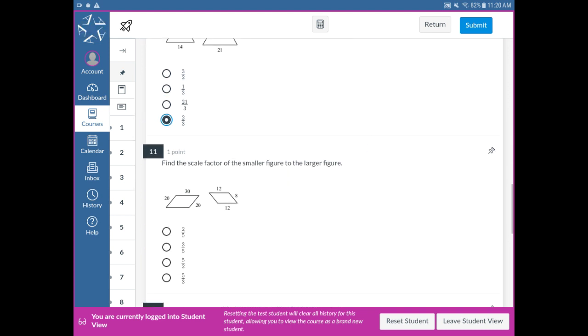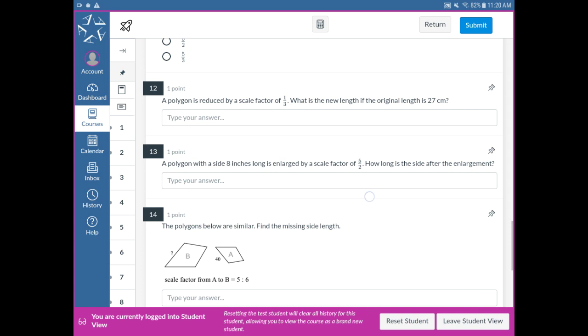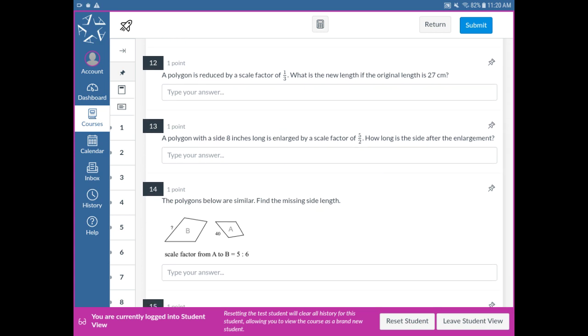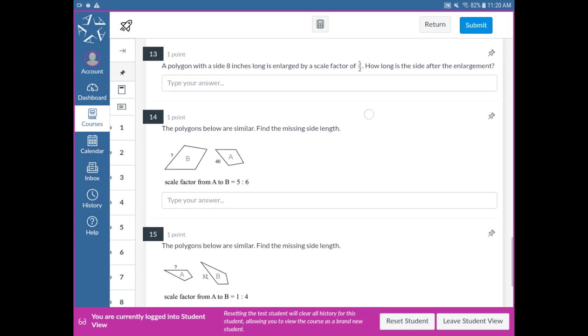It's the same scale factor, so let's do these. The side is 8 inches long, and it's enlarged by a scale factor of 5 over 2. So you just multiply these: 8 times 5 over 2 is 20.